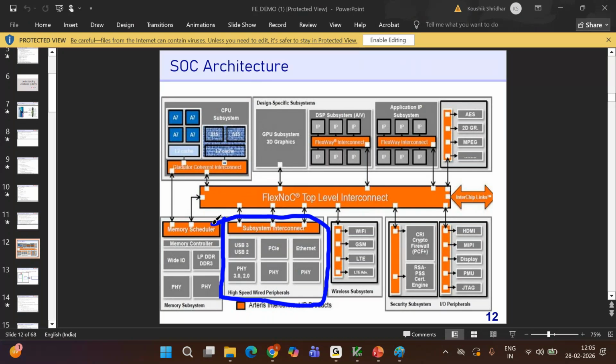It's again a module. That module will house different blocks such as USB, PCIe, Ethernet in our example, which are meant for high speed wired connections from SOC to external blocks.